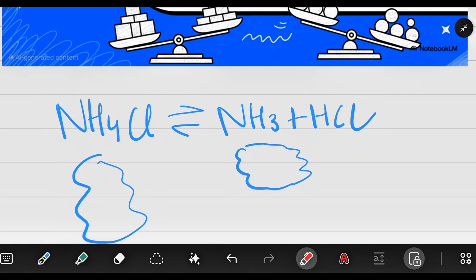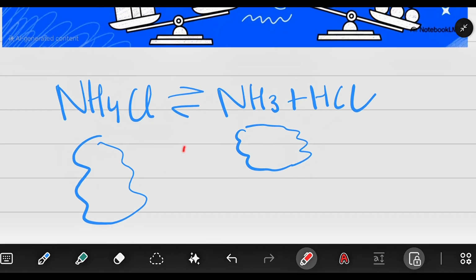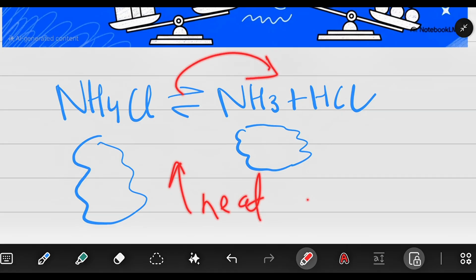This position of equilibrium can change depending on conditions. For example, adding heat to this reaction encourages the forward reaction, as adding heat will encourage the equilibrium position to go towards the right, which will end up in you having more products, right?